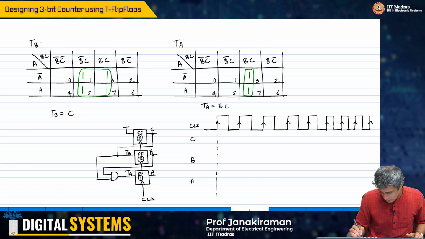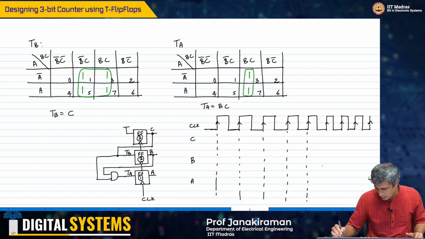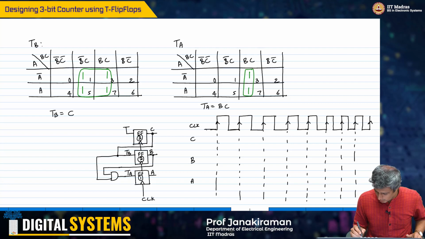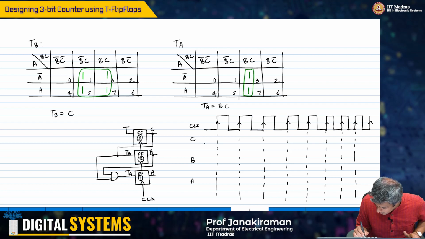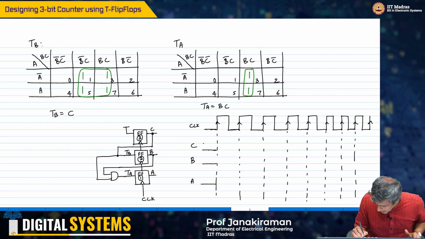So if I simply plot my ABC that I wanted, I want ABC to start with 0 0 0, and I'll plot C here. And then I want the state to go to 0 0 1.